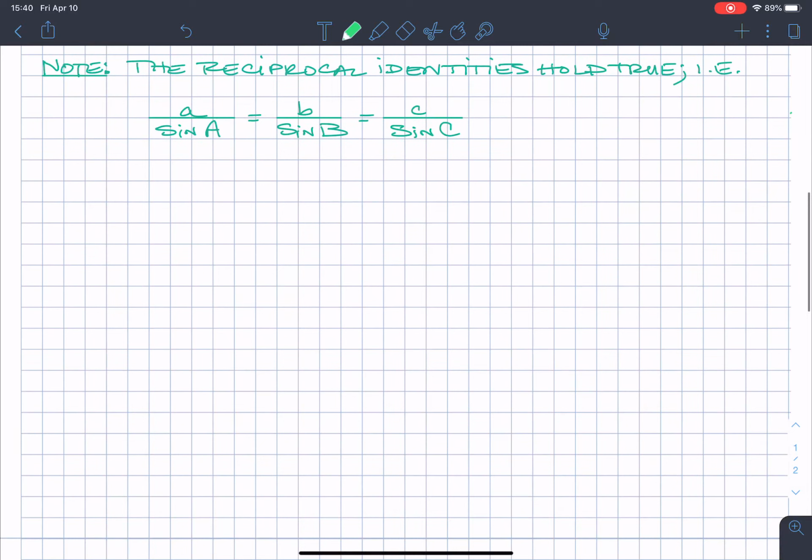Let's also note that there are two cases in which the law of sines cannot be used.